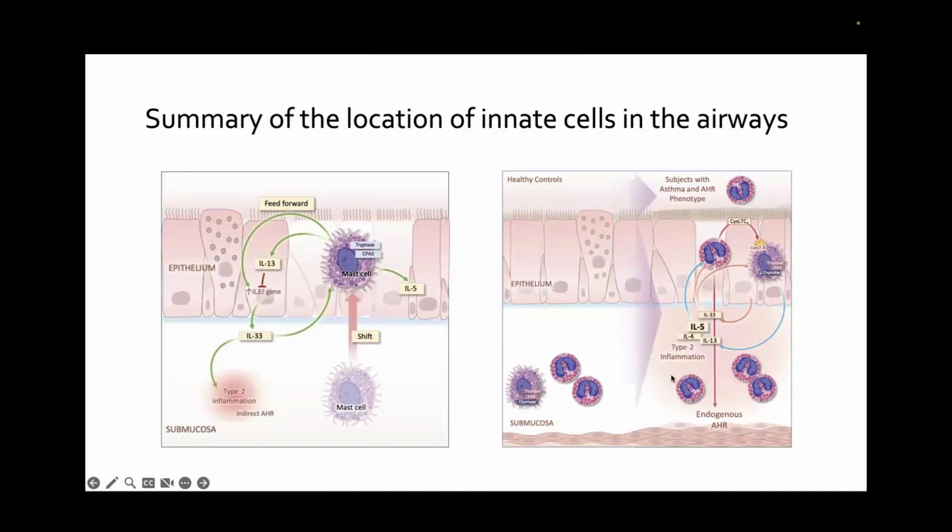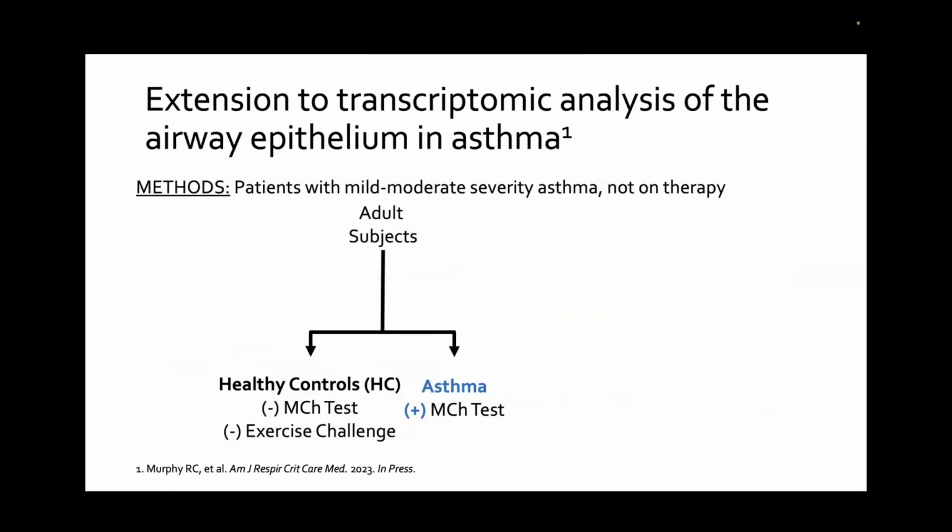And interestingly enough, the submucosal EOs fairly directly correlate with the sputum EOs for reasons that we don't really understand. It must be that the EOs in the epithelium are stuck there. So unfortunately, your sputum EOs are not a marker of airway dysfunction as much as the intraepithelial EOs.